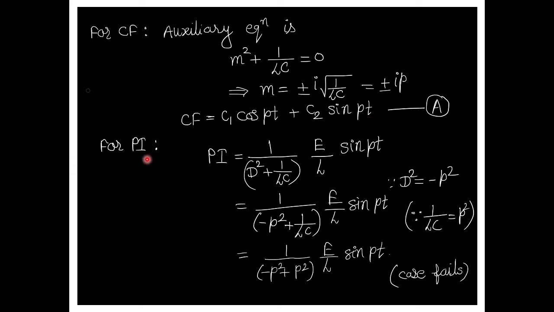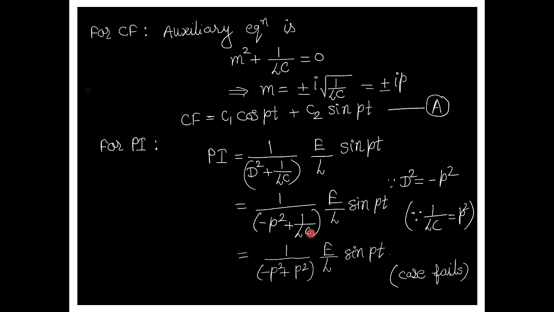Now for the particular integral, PI equal to 1 upon D square plus 1 by LC, this is the function of D, and here E by L is the constant value, then the sin pt term. Now, here sin pt, therefore we apply case number 2 for solving the PI value. Substitution is D square equal to minus a square, here minus p square.